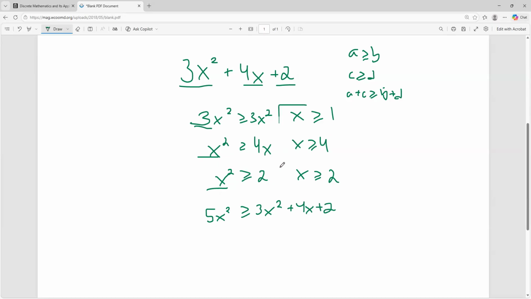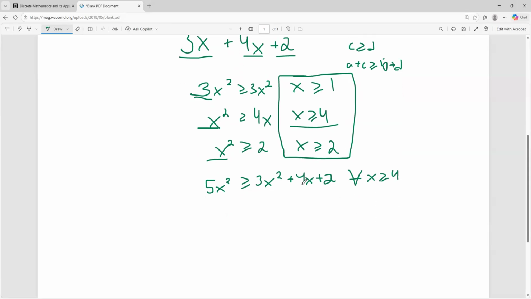And from these portions, I'm going to take the greatest x0, because I want to take the highest of these. If I choose something that's not, then I could be disproving what I already proved. So I'm going to choose the greatest, which is 4. And we're going to say for all x greater than or equal to 4.